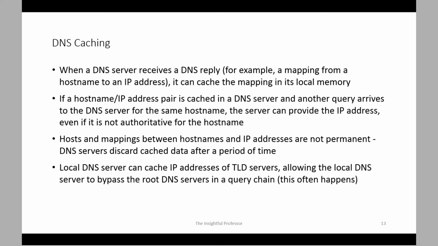So the mappings between host names and IP addresses are not permanent. It's something that could change over time. So this has to be taken into account when the cache is being used. After some period of time, the value that we have in the cache might become questionable because perhaps this mapping has changed.